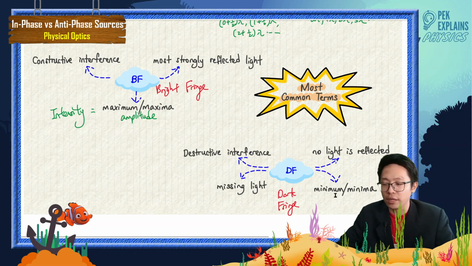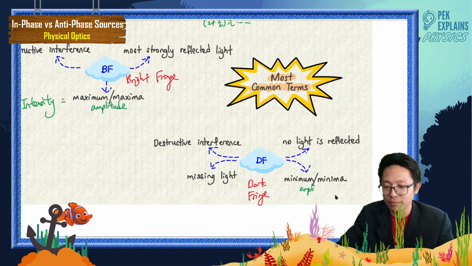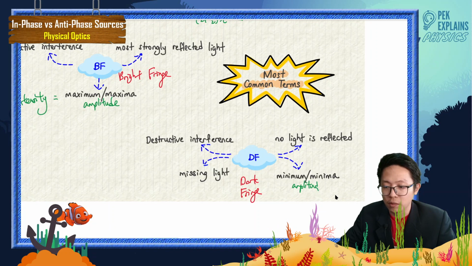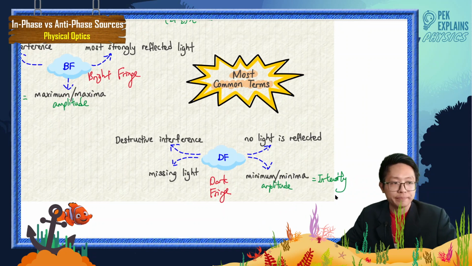For the dark fringe, it has the minimum amplitude, minimum intensity. That's why I call it minimum or minima.